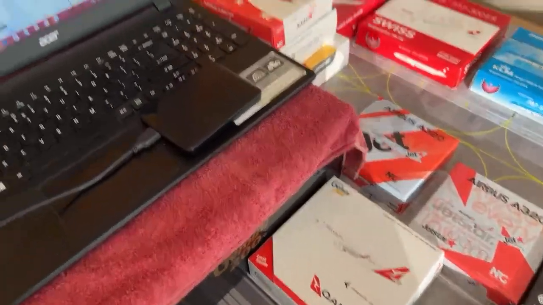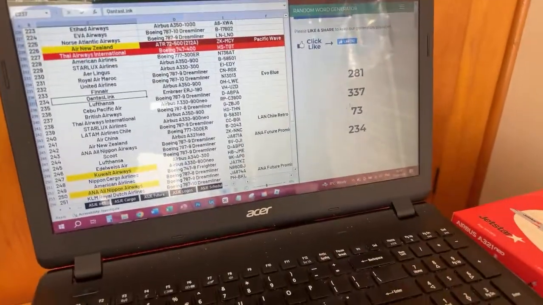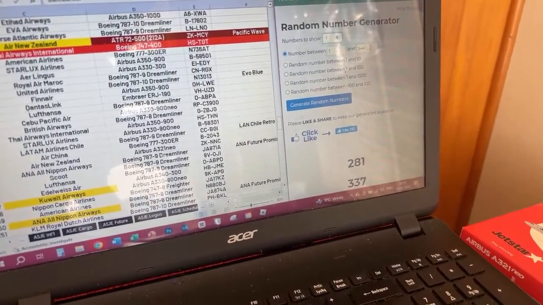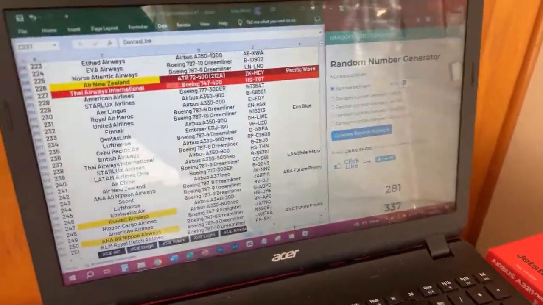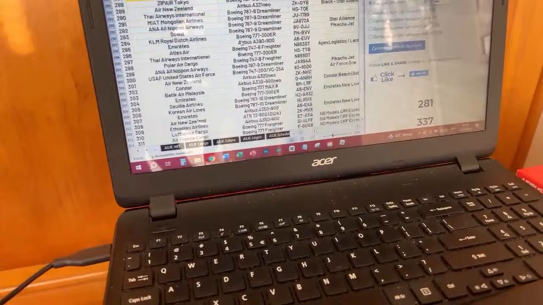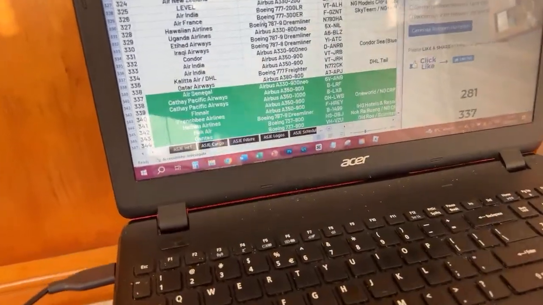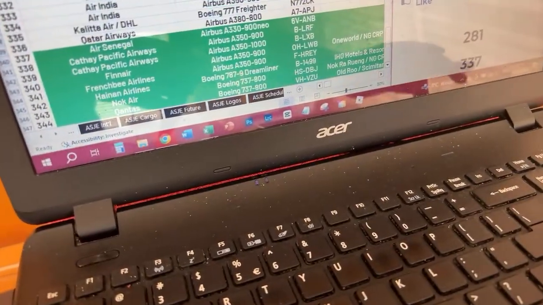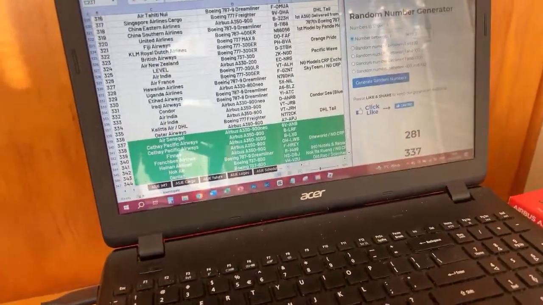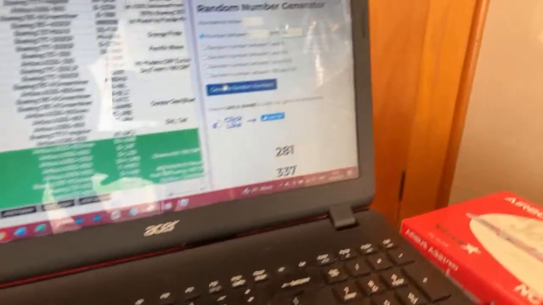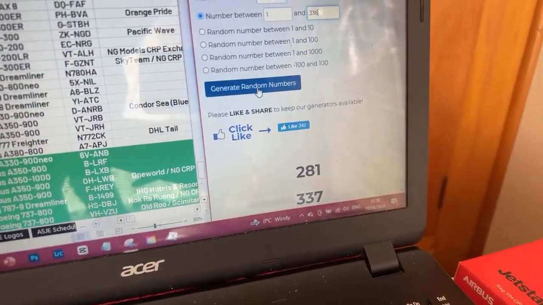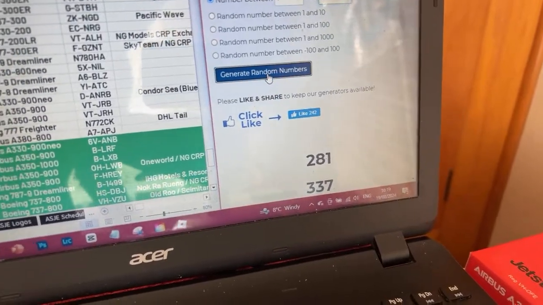Right, so the next one will be the aircraft that is chosen for the runway. So just going to modify this. How many is in my collection so far? 336 radio. So the number that is showcased on the side here will be the aircraft that's on the runway, on the takeoff roll.